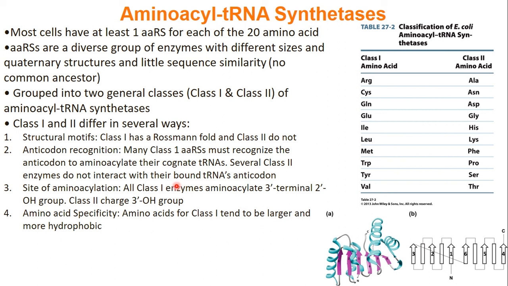So the Class 1 puts on the 2', but then it gets switched over to the 3' later on. And specificity, Class 1s generally have amino acids that are larger and more hydrophobic than Class 2 does in general.